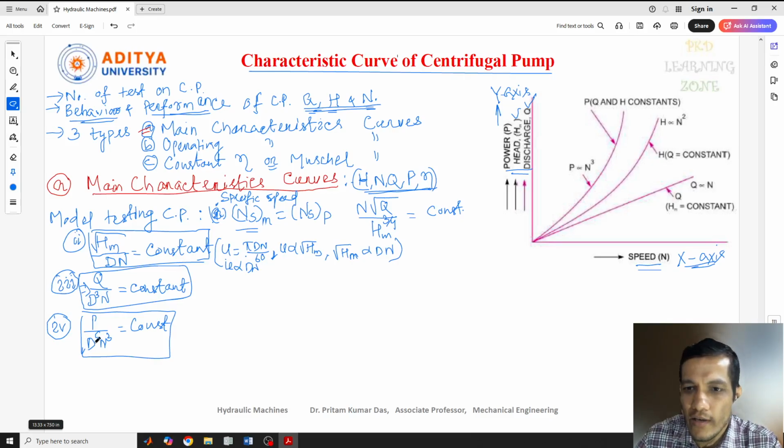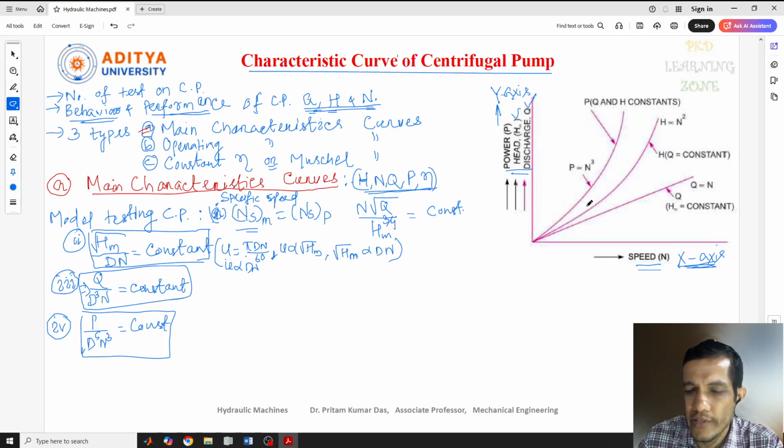If you see the plot here, we have the value of speed on the x-axis and different values on the y-axis, and these plots are identified. The first one, suppose I take one curve.